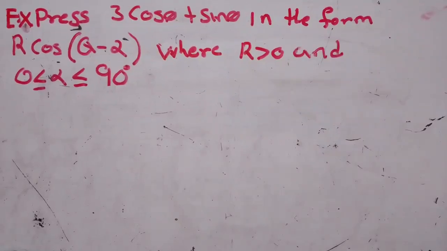So we have a question before us which reads: express 3 cos theta plus sine theta in the form r cos open brackets theta minus alpha, where r is greater than 0 and theta is between 0 and 90 degrees.